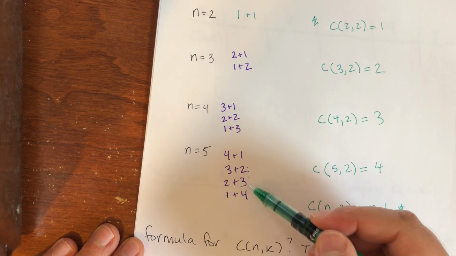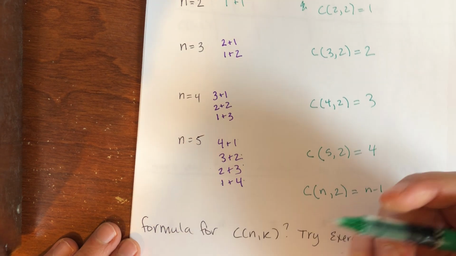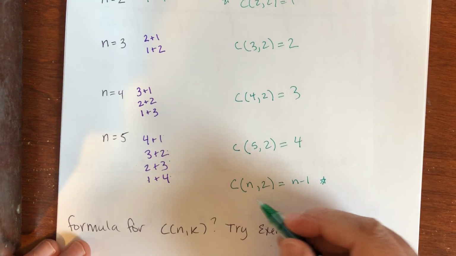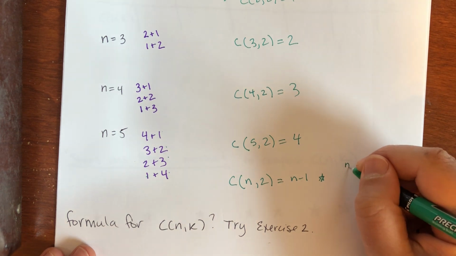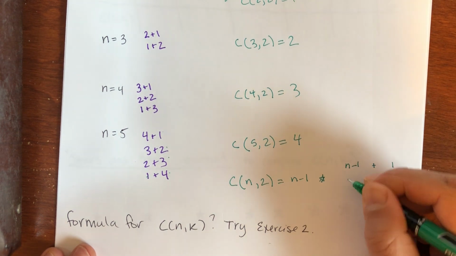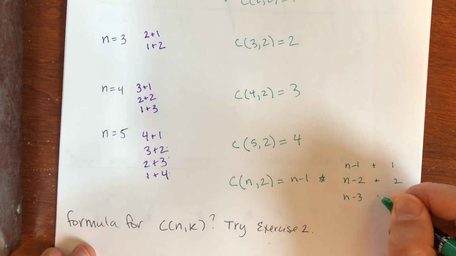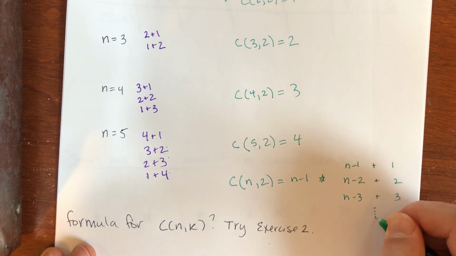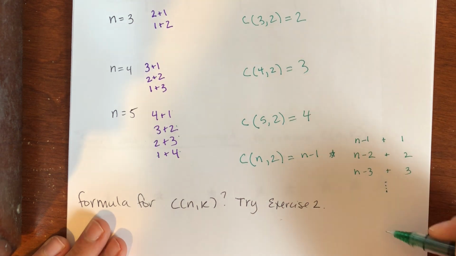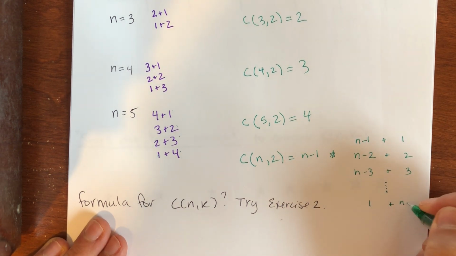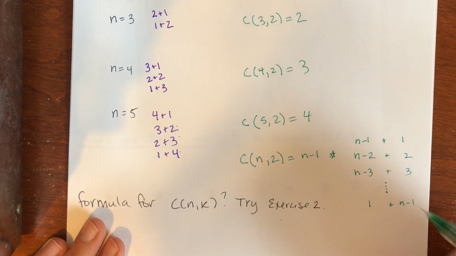That automatically determines what the second part would be. And so in general, the compositions of n into 2 parts would be n minus 1 plus 1, or n minus 2 plus 2, n minus 3 plus 3, all the way down the line, right? And so in total, you're going to end up with n minus 1 compositions.